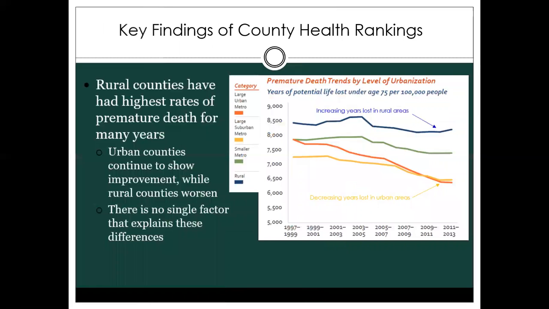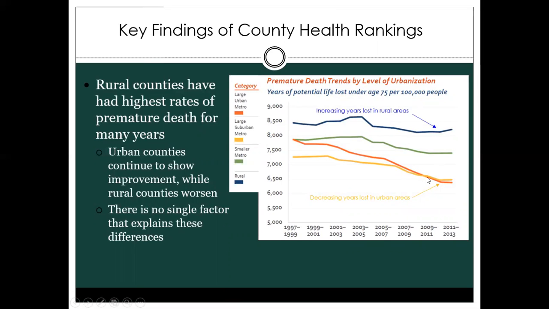Now, the county health rankings found some commonalities in their studies. Rural counties have had the highest rates of premature death for many years. Their research has concluded that over the years, going back to 1997, so this is looking at years lost, rural areas are dealing with the most years lost, and it's been worsening.